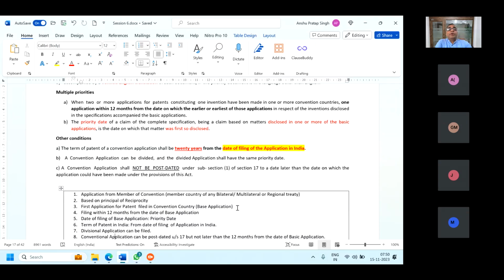The one application within 12 months from the date on which the earliest of those applications disclosed the basic application. So how do we determine the priority? We will check the claim of the priority date on the basis of the basic applications, and the document which first discloses that invention will be considered as the priority date.